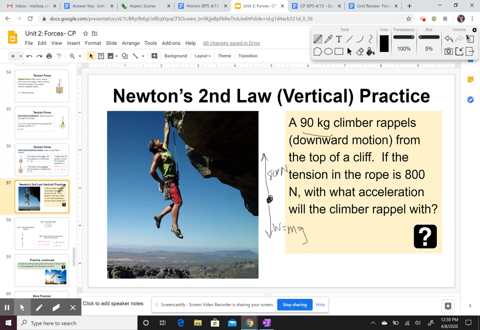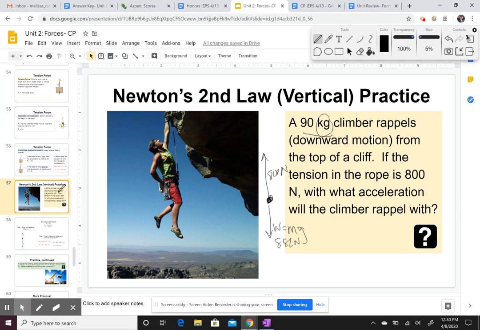So 90 is the mass. Remember, kilograms is a measure of matter. It's a measure of mass. So 90 times 9.8 gives us 882 newtons is his weight.